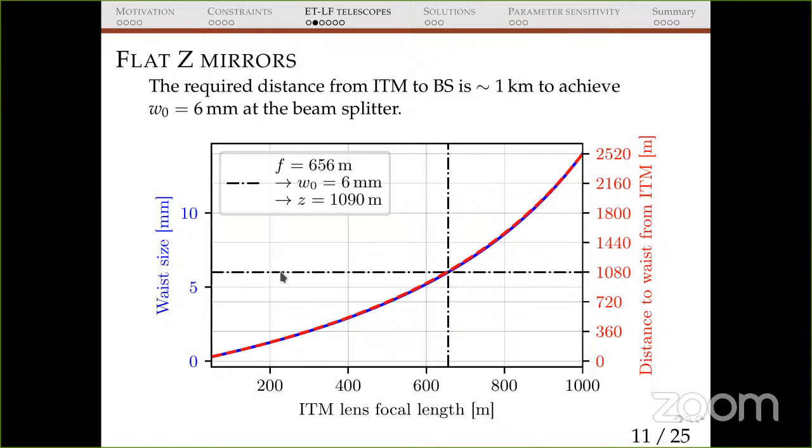And you can see to achieve a waist size of 6 millimeters, you really need an SRC exceeding 1 kilometer long. So we pretty quickly rejected this type of configuration for that reason.